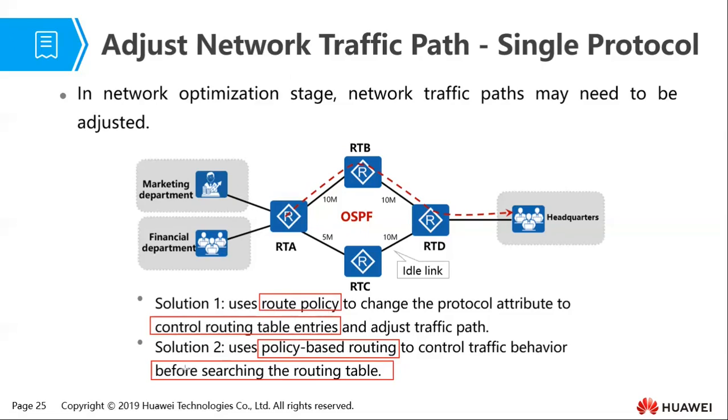It actually checks the routing table and then modifies a number of attributes in the routing table. But policy-based routing does not forward data based on the routing table, but based on the conditions that have been specified in that particular policy. Okay, so let's see how that works.